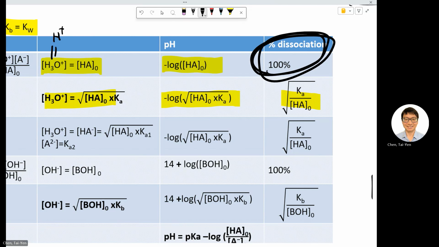It equals the initial concentration of your strong acid. Therefore, the pH is simply calculated by negative log of your initial strong acid concentration. You can just do a simple calculation to get the pH. So this is what I want you to memorize.